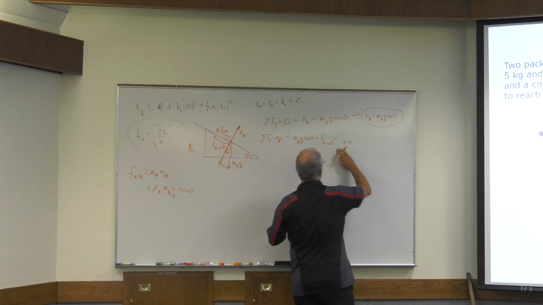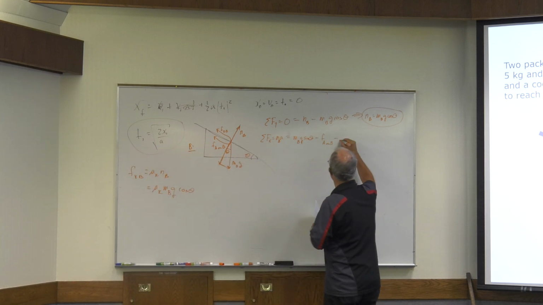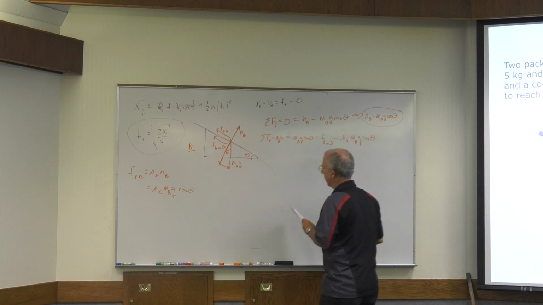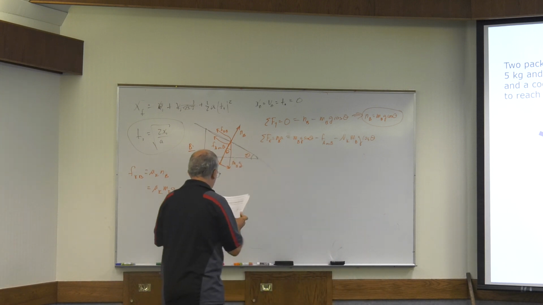So let's erase this and put minus mu_k m_B g cos theta.